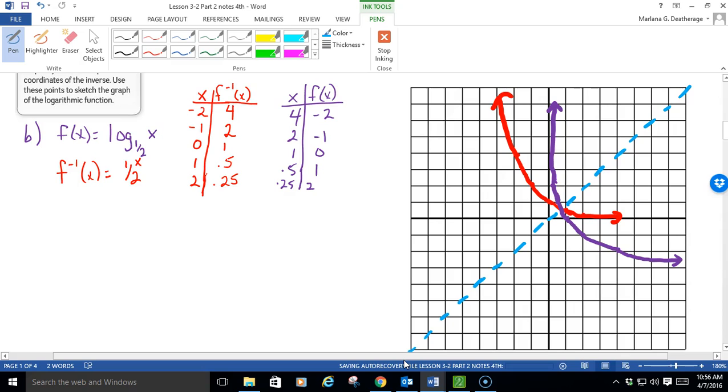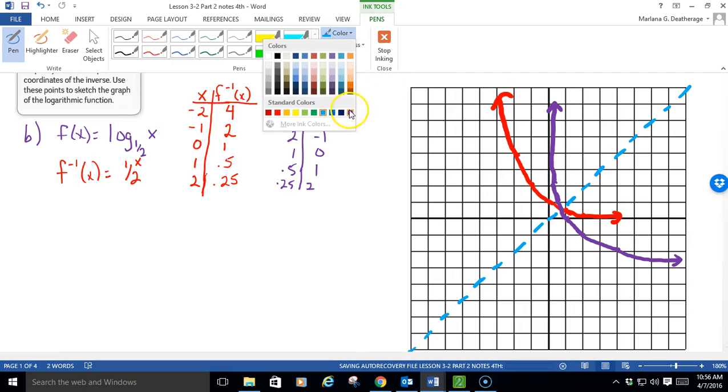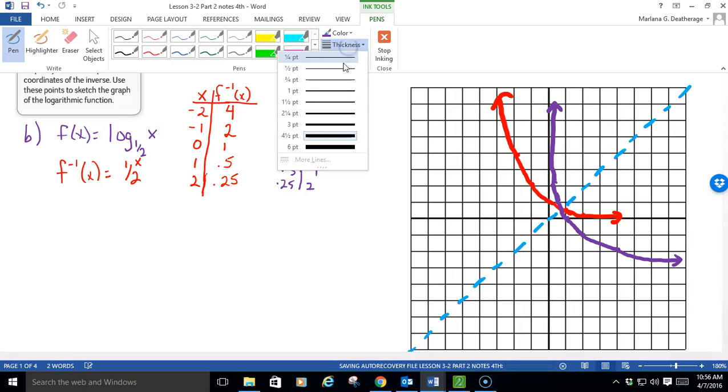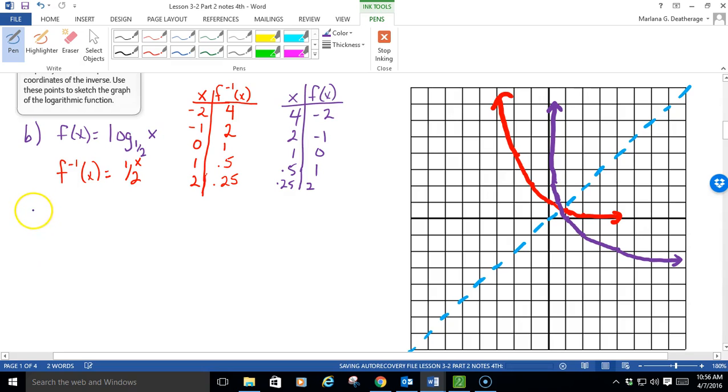Okay, so now, back to our purple one, and all of those characteristics. So, domain. Same as the other one? 0 to infinity? Yes.